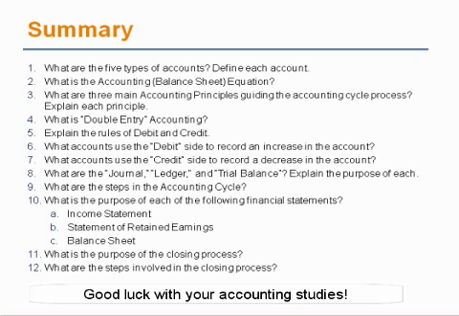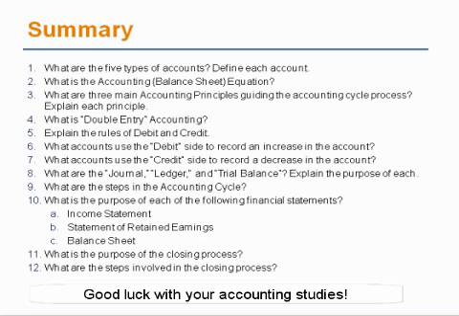Which means that our assets and expenses would be increased by debiting, and our liabilities and revenue would be increased by crediting. That answers both questions 6 and 7.